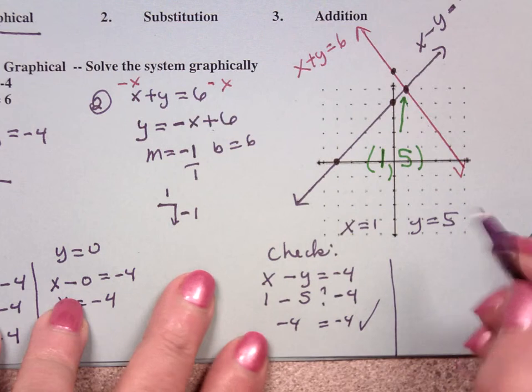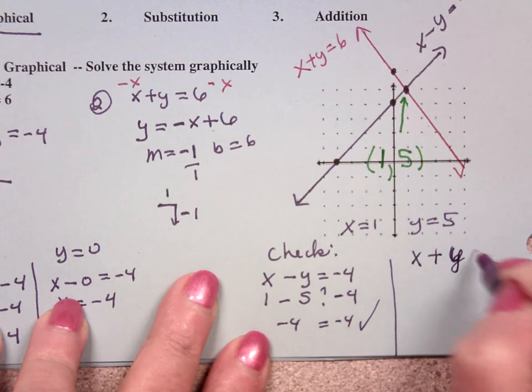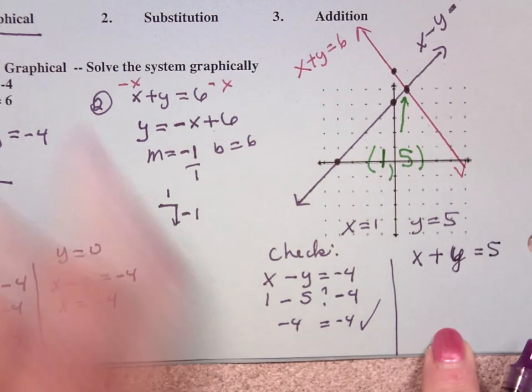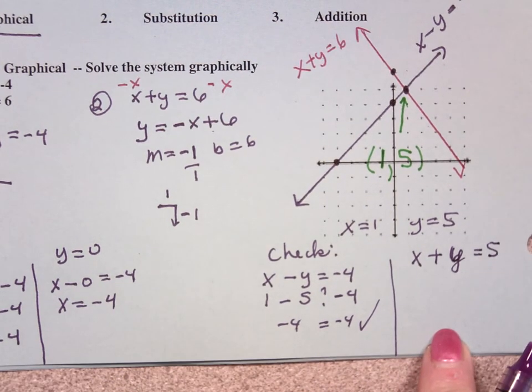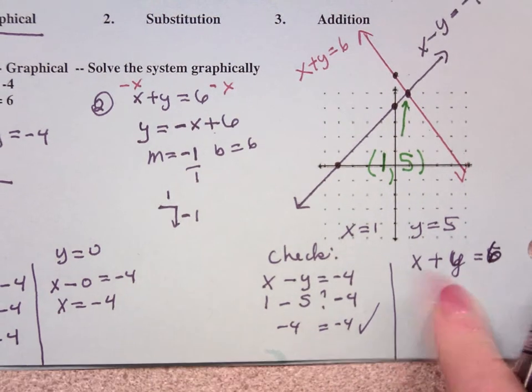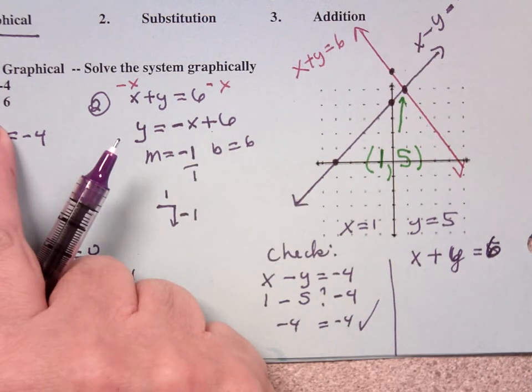And then, now notice, I went to the original equations. Why would I choose to go back to the original one and not the ones that I used for graphing? Because here, I put this in y equals mx plus b, right? But why did I go back here to check my answer?